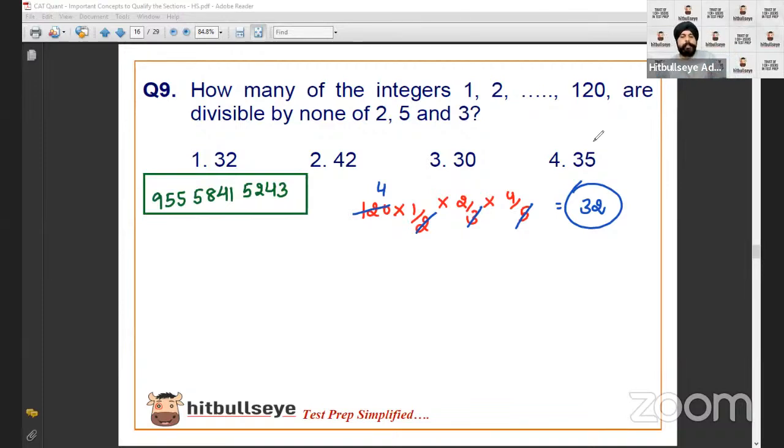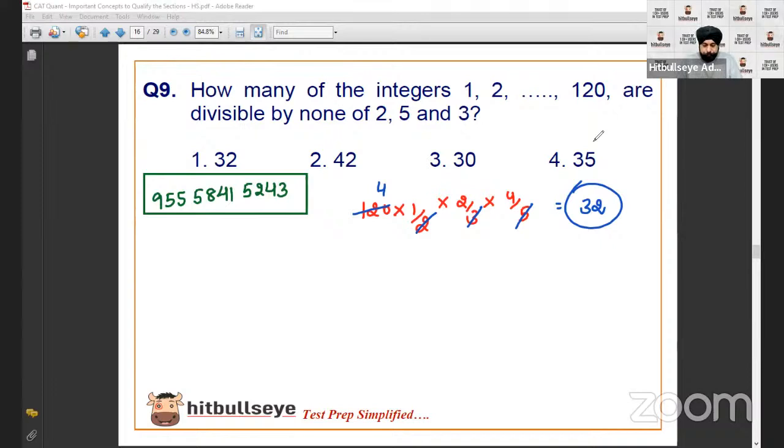Every third number is divisible by 3, 1/3 of the total numbers are divisible by 3, but 2/3 of the numbers are not divisible by 3, and we want those. Every fifth number is divisible by 5. 1/5 of the numbers are divisible by 5, which implies 4/5 of the numbers are not divisible by 5. We are interested in those numbers, right, people? So that becomes a simple solution.